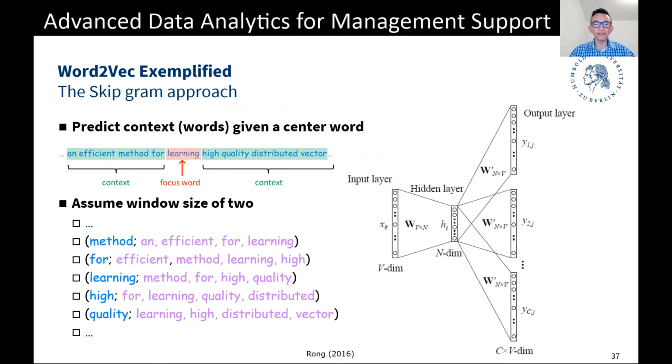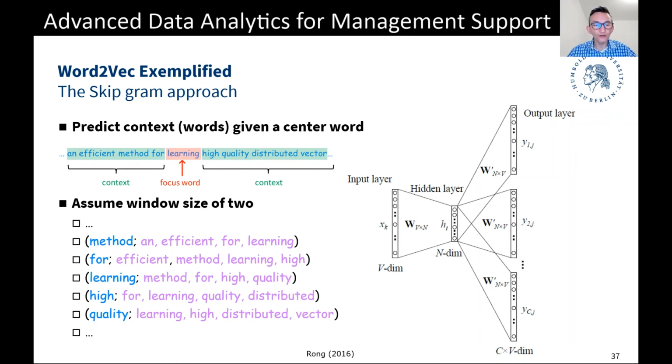Well, that's the other way around. Here we basically just exchange the two sides. We predict the context words given a center word. Our input is now a v-dimensional vector of one word, which is the focus word. And again, we design a context window of n words to the left and to the right.